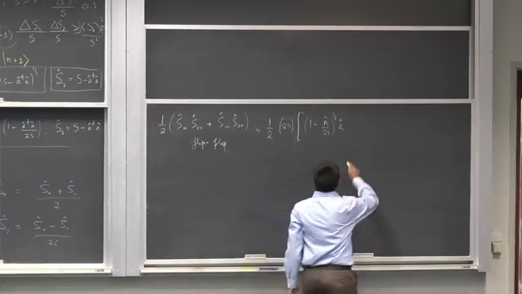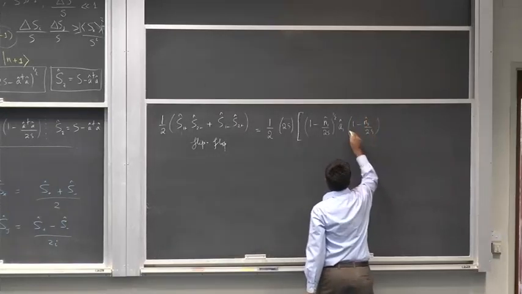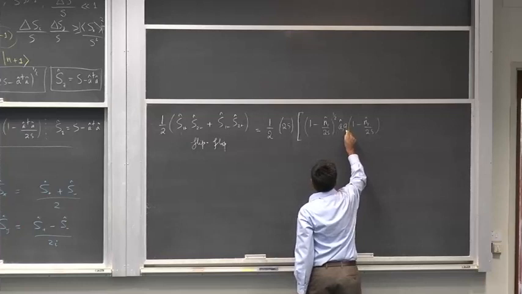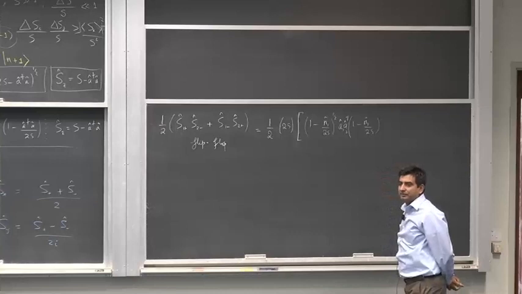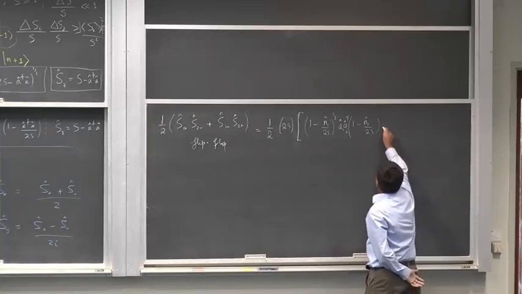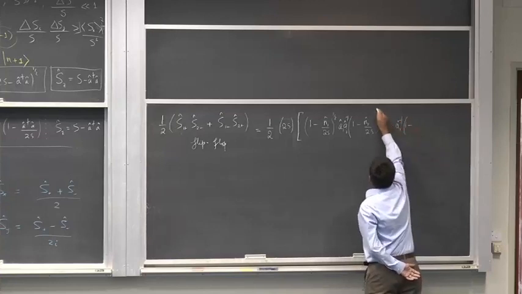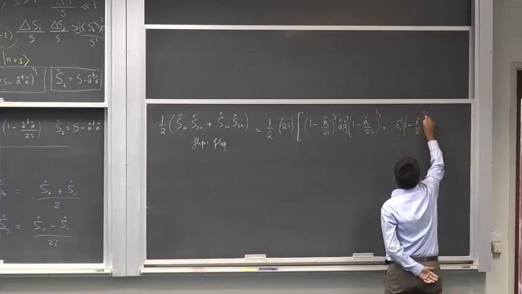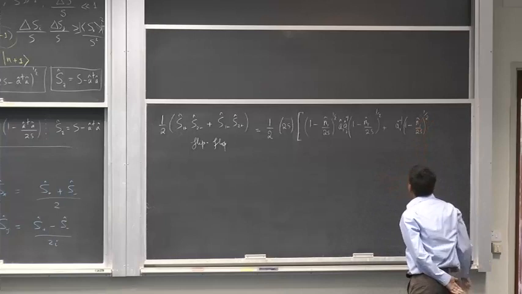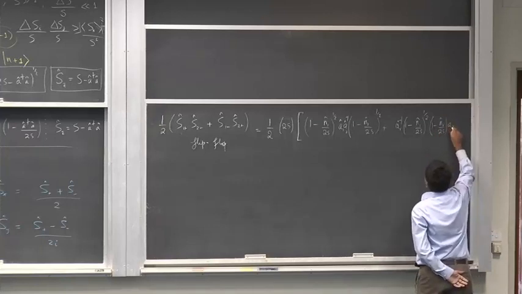Now this thing is (1 minus n2 over 2S) to the 1/2, there's an A2 dagger here, plus A1 dagger (1 minus n1 over 2S) to the 1/2 (1 minus n2 over 2S) to the 1/2 A2.